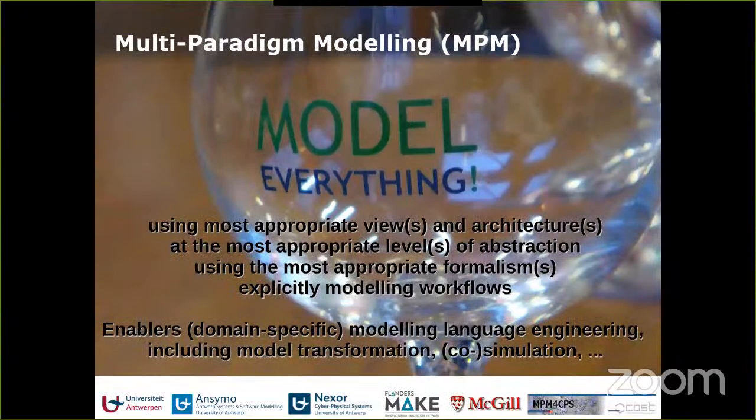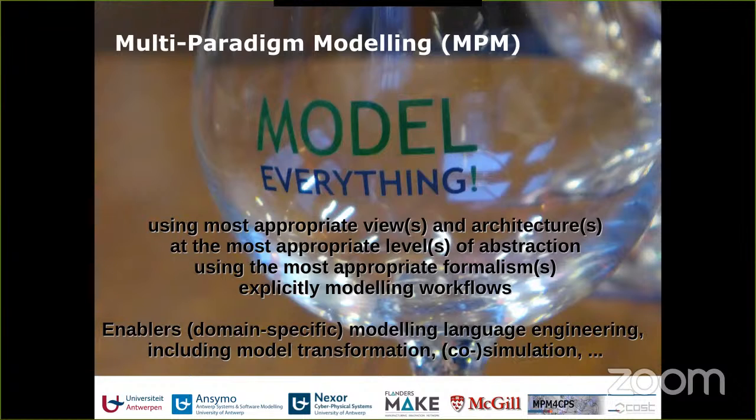And well, multi-paradigm modeling is really, philosophy is maybe not the right word, but it's a way of thinking about dealing with complexity, solving complex problems. And it's all about modeling everything. Now, you might say, well, that's a bit much, model everything.